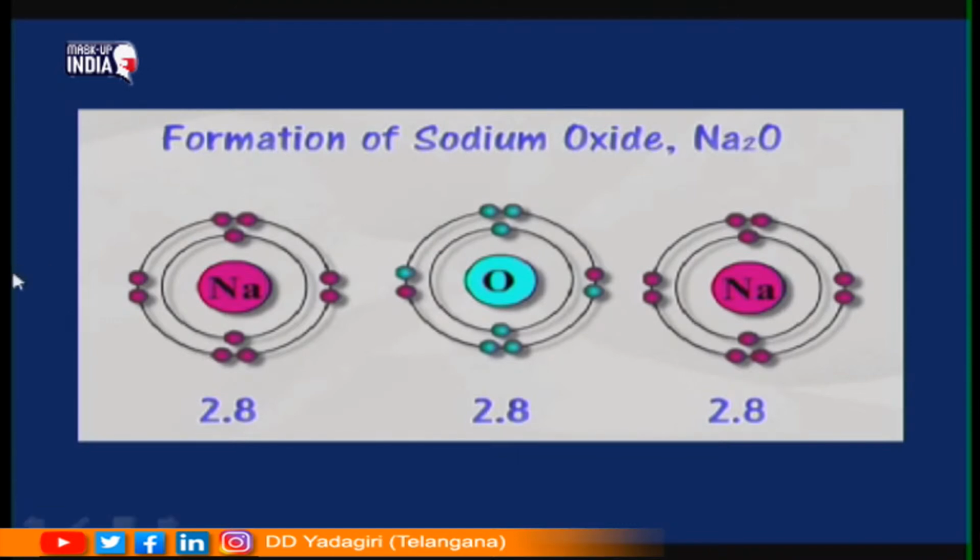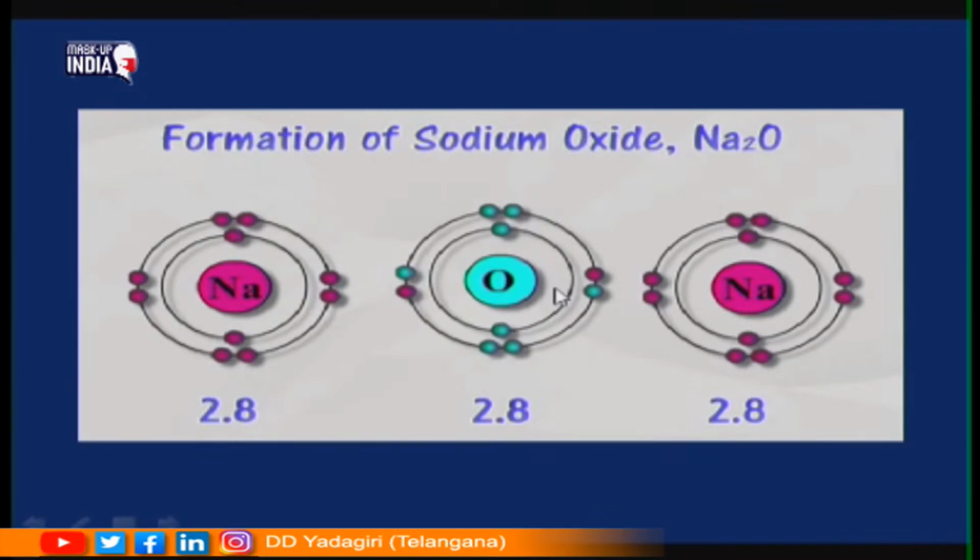In this picture you can see sodium has 2 electrons in the first shell and 8 electrons in the second shell. So, the electronic configuration of the sodium ion after losing one electron is 2, 8. Now, if you look at oxygen, the atomic number of oxygen is 8 and its electronic configuration is 2, 6.